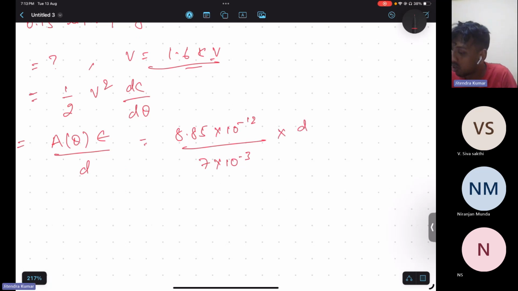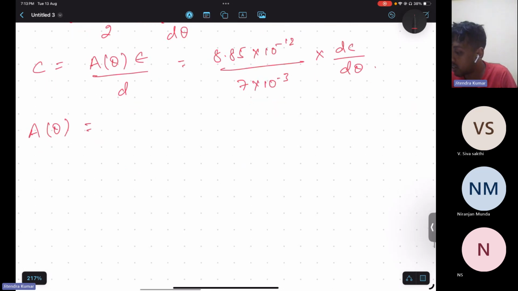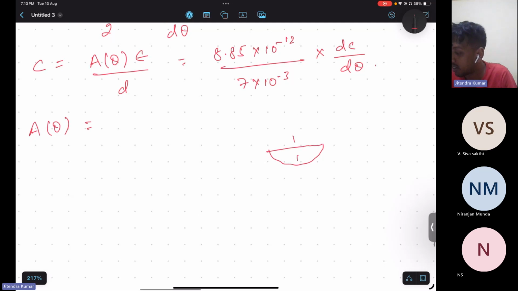Now, dC by d theta. First we need to find out C. A theta will be how much? In the last lecture we discussed that one semicircular plate is placed like that, and this is theta equal to 0 degree, isn't it? And another semicircular plate is here.